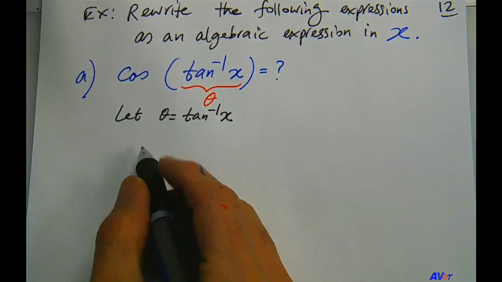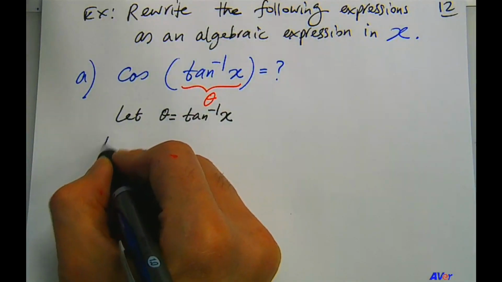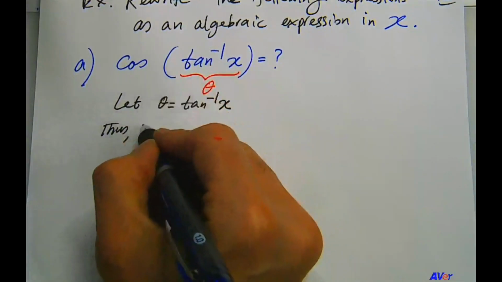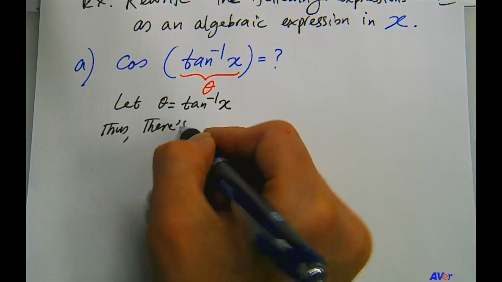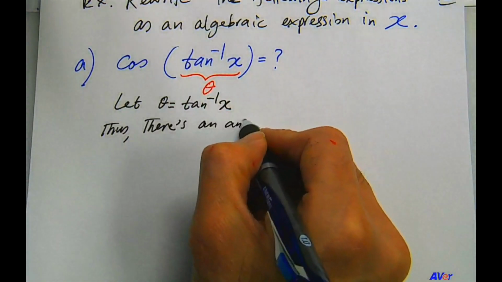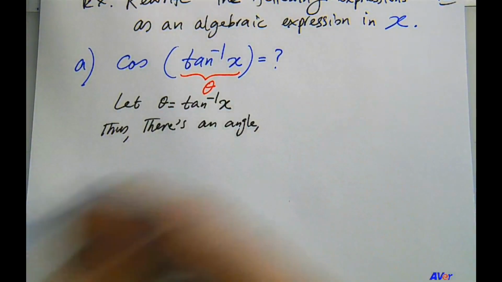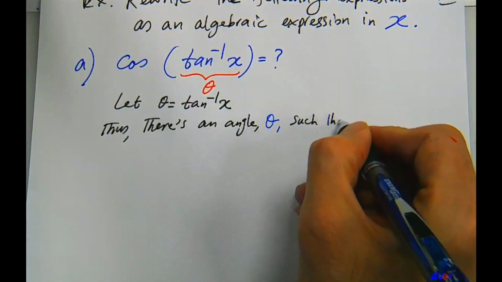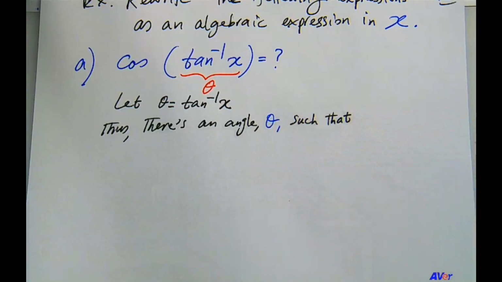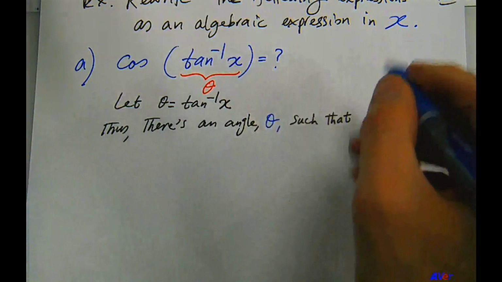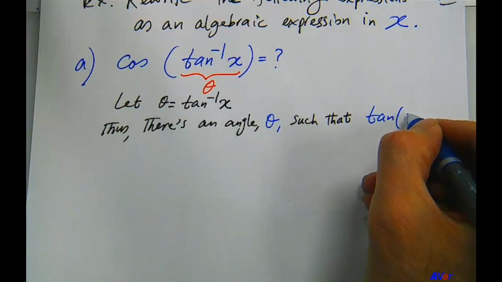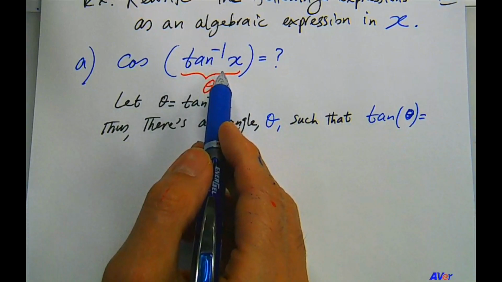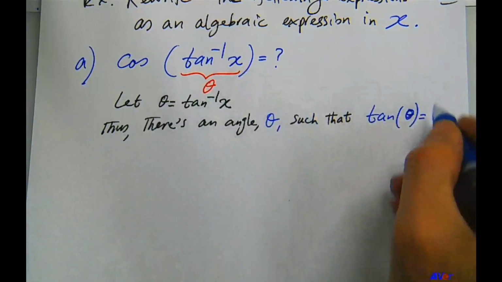Okay. So once we do that, then the result is the following. So there's an angle theta such that tangent of theta is equal to x, right?